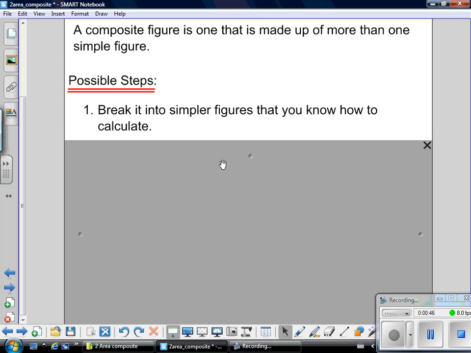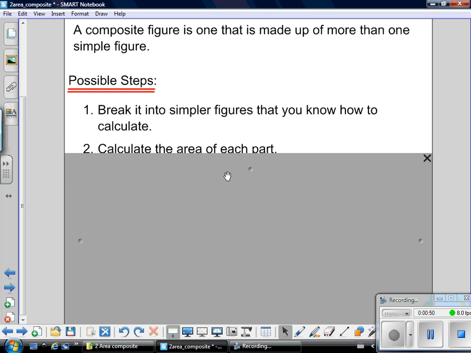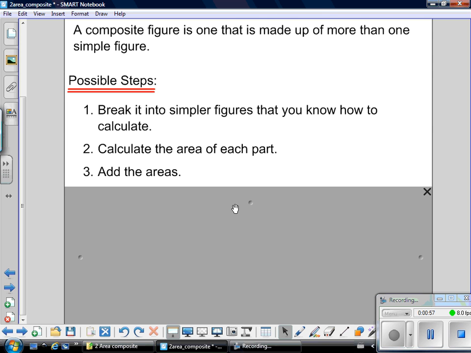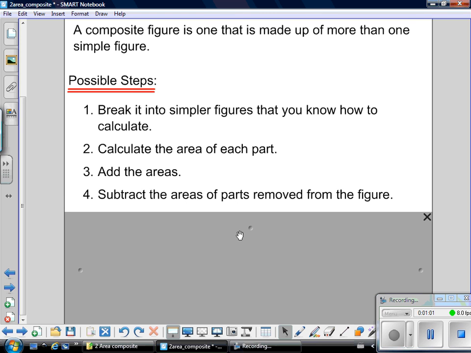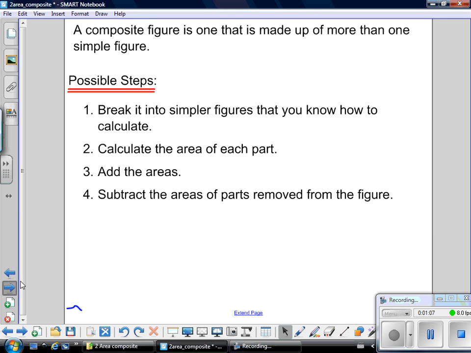If you don't know how to calculate them, then there's no sense breaking it into that smaller shape. Then you need to calculate the area of each part, and you're either going to add areas, and it's possible that you might have to subtract some areas from the figure. So let's try looking at our first example.